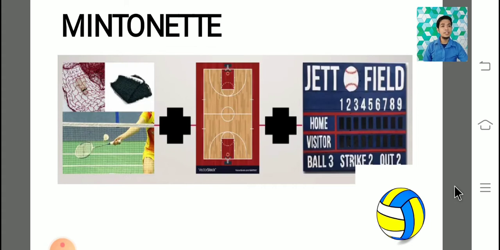baseball scoreboard. So paano nga ba nakakontribute itong tatlong laro na to para makabuo ng laro si William Morgan? So sa badminton, ang na-contribute ng laro na badminton sa volleyball ay ang playing.